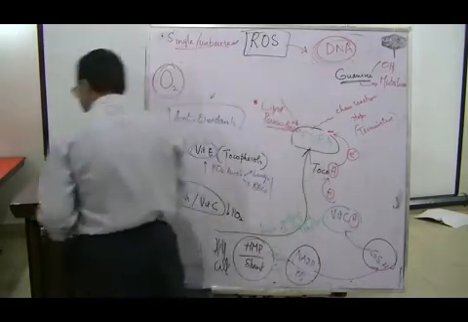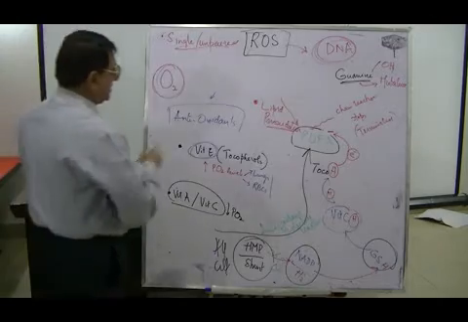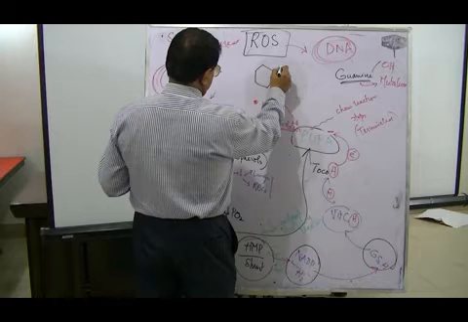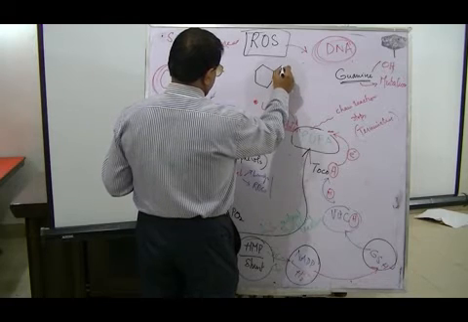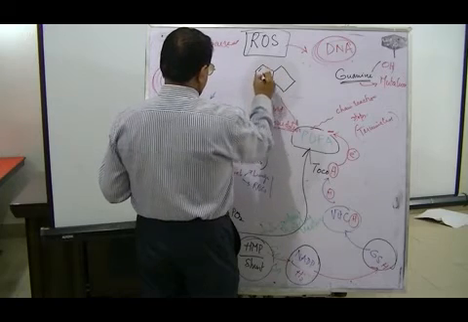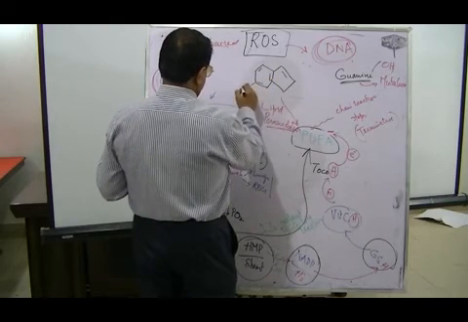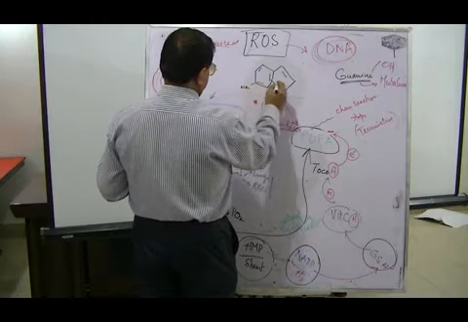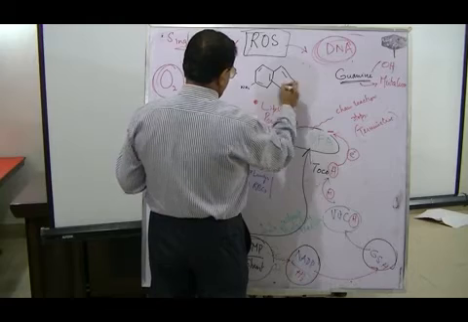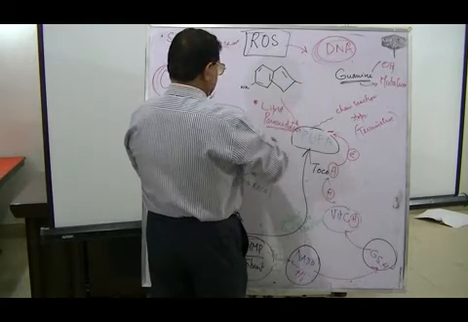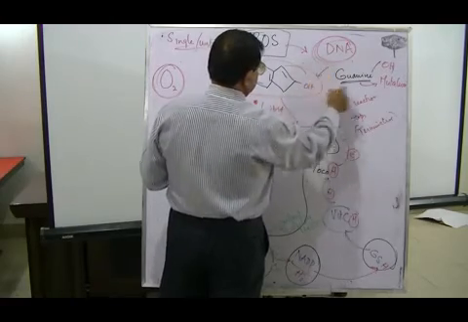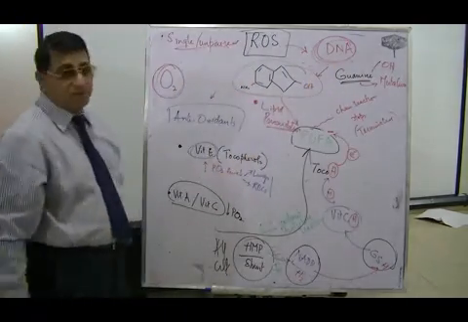So if I draw guanine over here, over here there is the addition of a hydroxyl group, and this can lead to mutation in guanine.